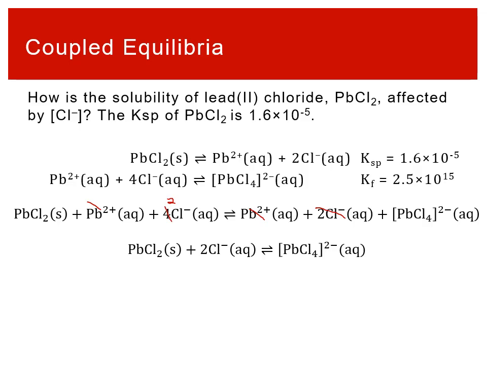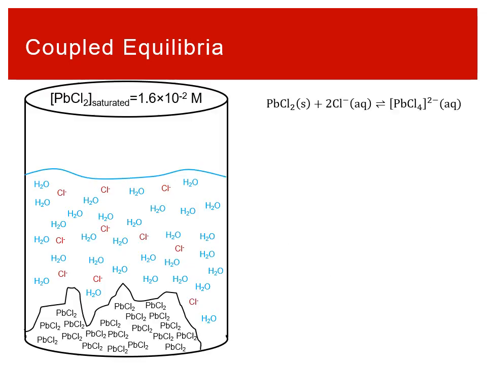And so we're left with just lead-2 chloride solid reacting with dissolved chlorides to yield my complex ion. And now the equilibrium constant for that process is going to be the product of the equilibrium constants for my combined reactions over here, right? Those two are going to multiply together, and I get 4.0 times 10 to the 10th, which is quite an improvement over the KSP of the solid bare PbCl2.